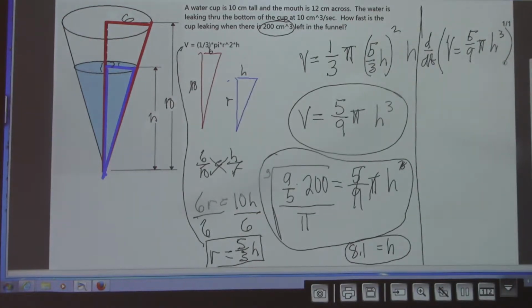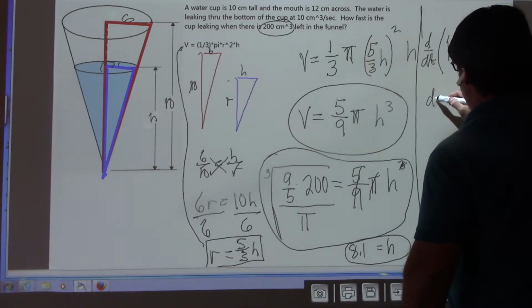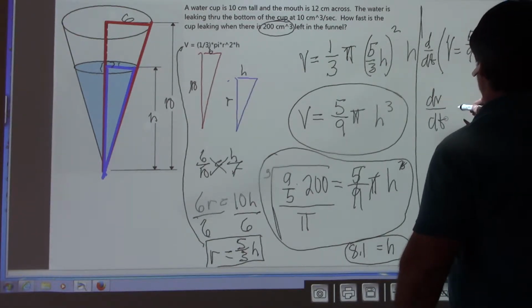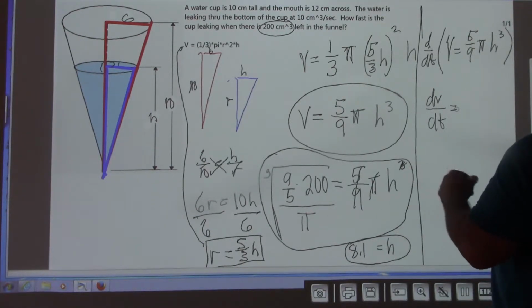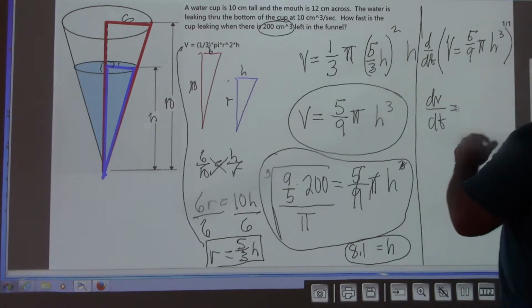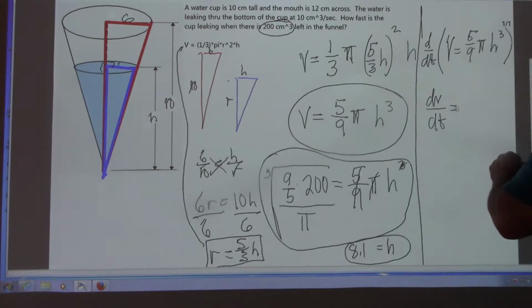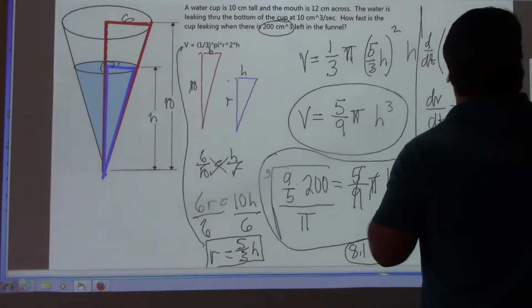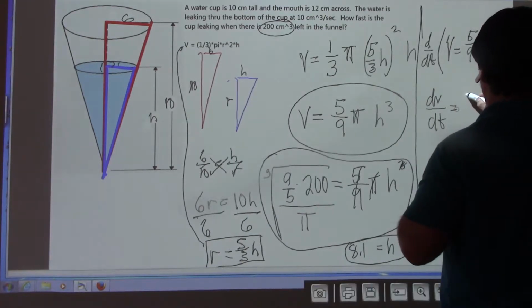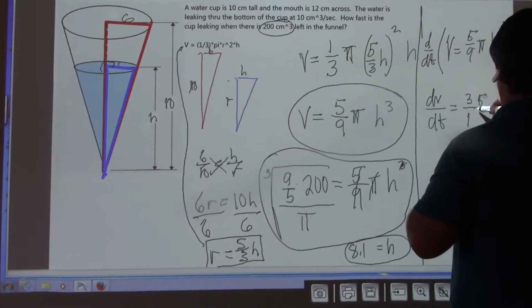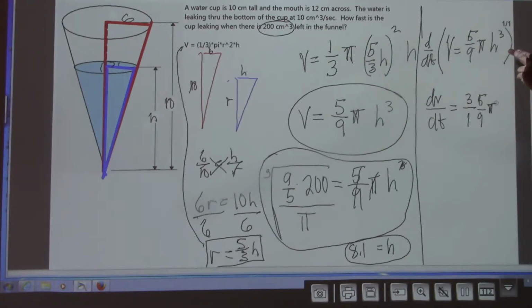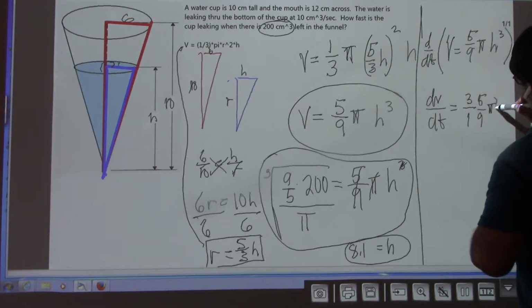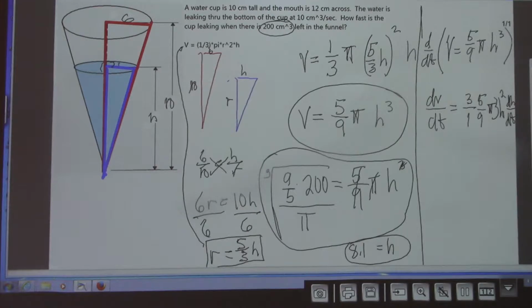That's going to give me dV/dt equals 5/9 pi times 3H squared dH/dt.